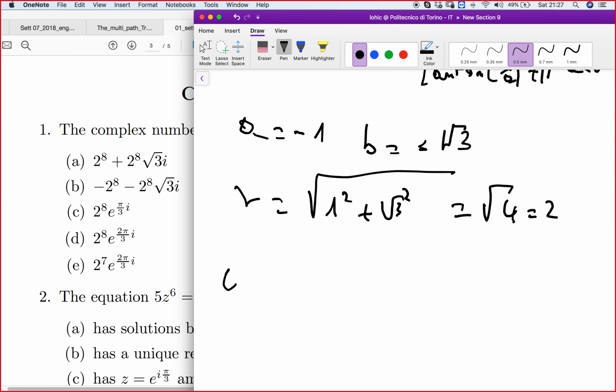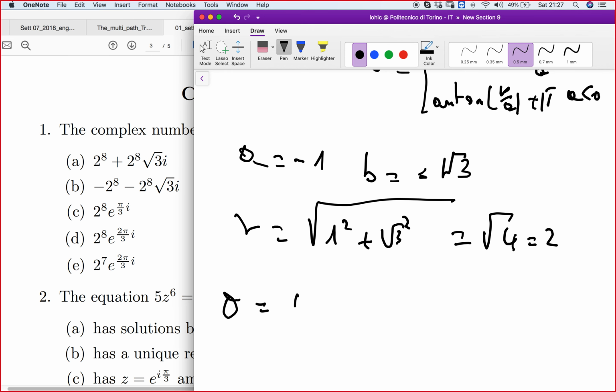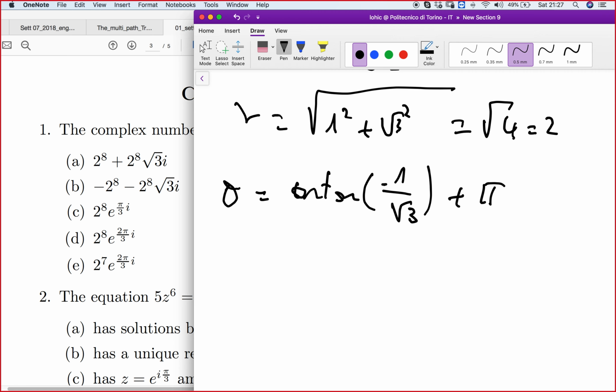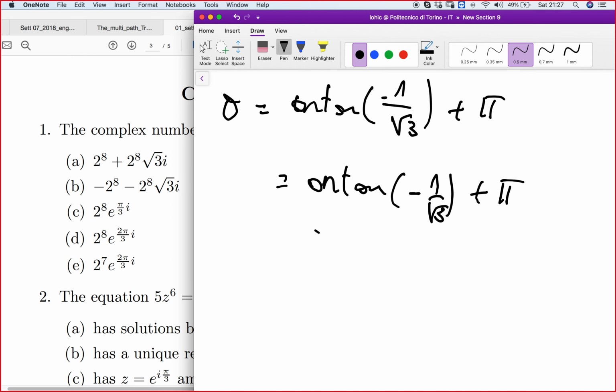Now theta, the argument, is going to be the arctan of minus 1 over root 3, plus pi. Is that clear? Is there any doubt? What is arctan of minus 1 over root 3?